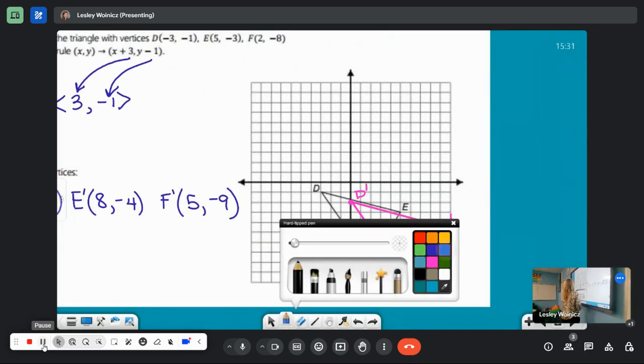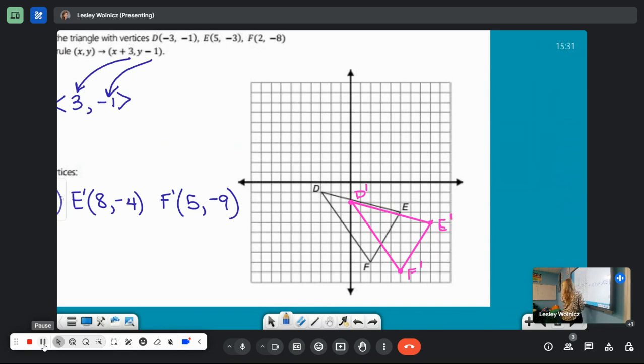Let's look at the slopes. So to go from F to E, it's up 1, 2, 3, 4, 5, and right 3. So this slope is 5/3. Okay, let's find this slope. Up 1, 2, 3, 4, 5, right 3. So this slope is also 5/3. So if you've done this correctly, all of your sides should be parallel to your pre-image sides.